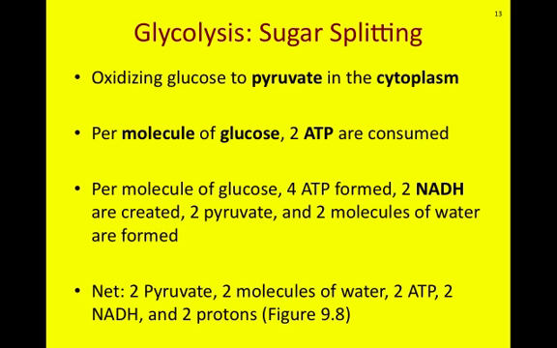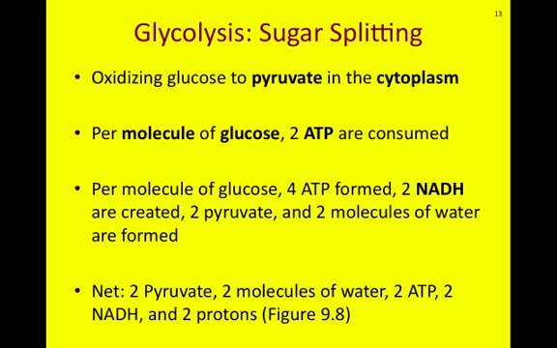And if you look at what was invested and what was created, we net during glycolysis 2 molecules of pyruvate, 2 molecules of water, 2 molecules of ATP, and 2 molecules of the electron carrier NADH, as well as 2 protons. And all this is very nicely diagrammed in figure 9.8.